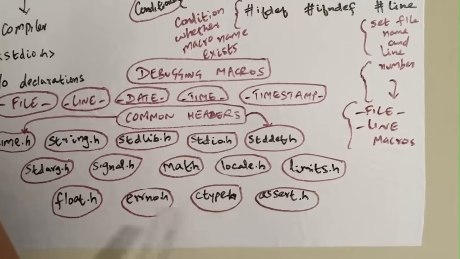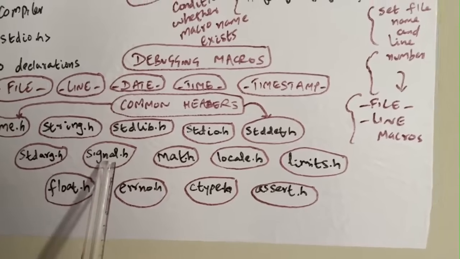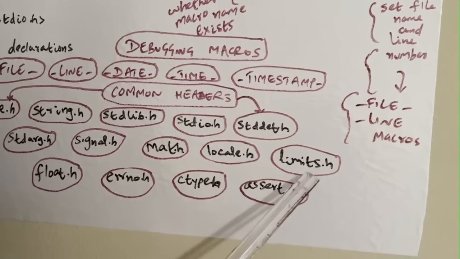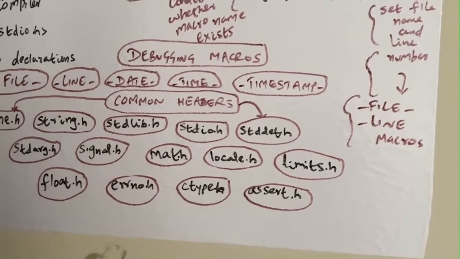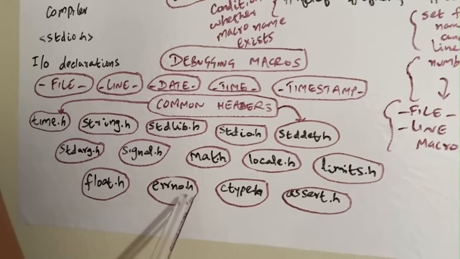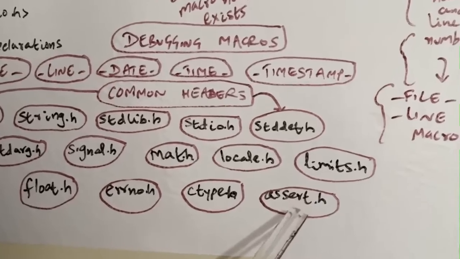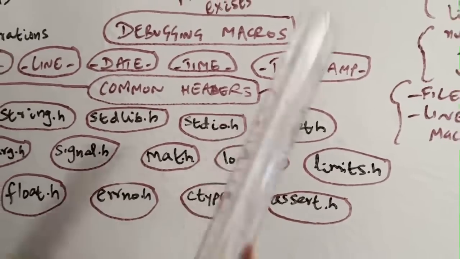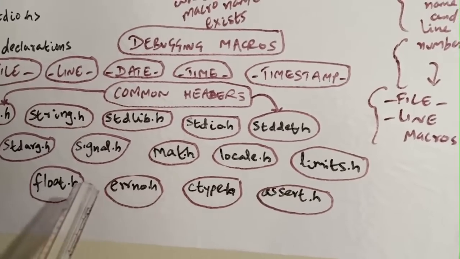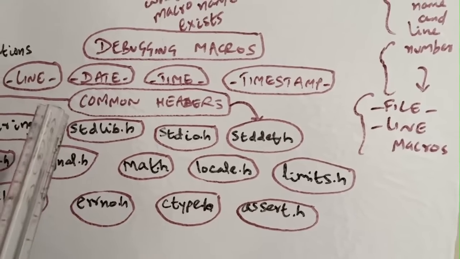Each is a different set of functions. stdarg.h is for arguments, signal.h for signals, locale.h for languages, limits.h, float.h for floating point numbers, errno.h, ctype.h for character types, and assert.h. These have about 300-400 functions put together. So imagine in a large project, you'll be using all these plus your user-defined structures and enum types.